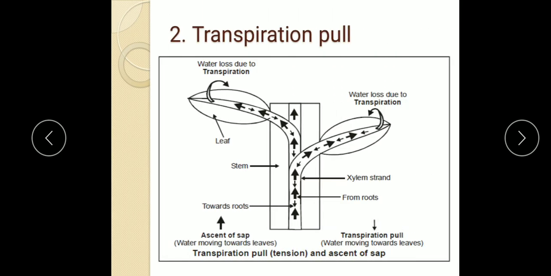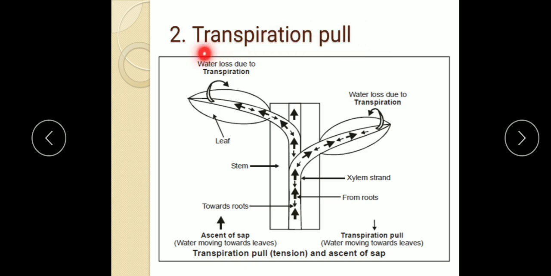Next we will see that water moves through the xylem up the stem, from root to the stem xylem, then after it goes to the leaves. Okay, now how does it happen? There is one more force which is responsible for this. This is transpiration pull.